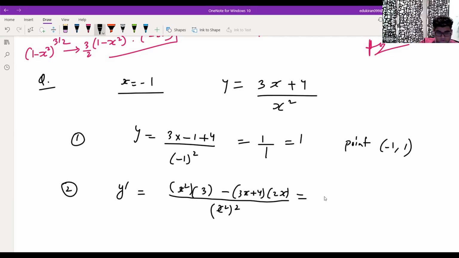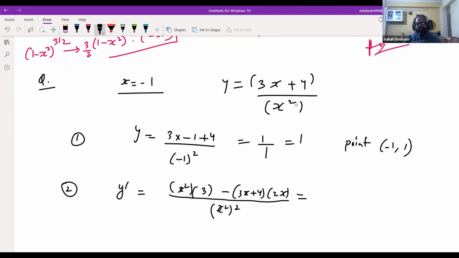Are we using quotient rule here again? Yes, because it is numerator by denominator. So are we going to use chain rule as well? No, here there is no need of chain rule. It is not a composite function. It is f(x) by g(x). None of these two functions are composite functions, so we can directly differentiate.